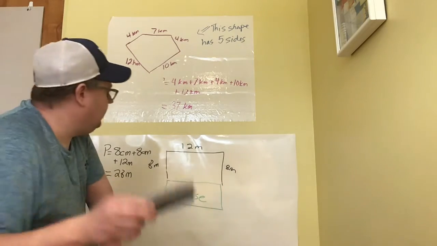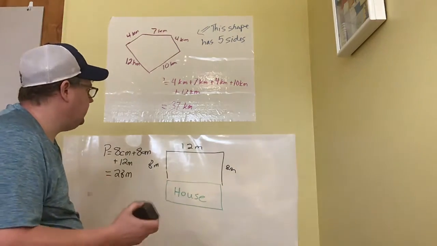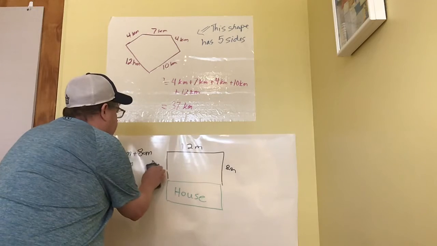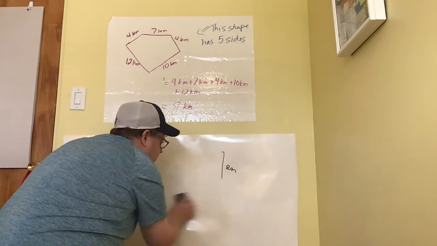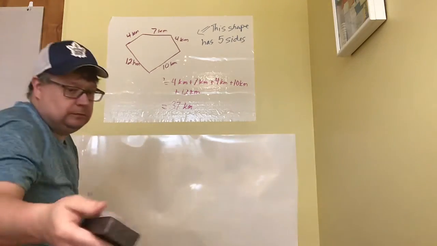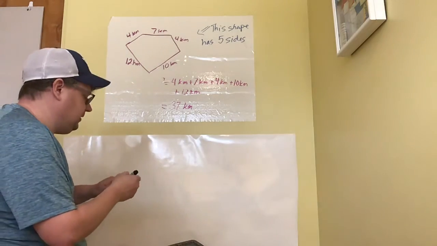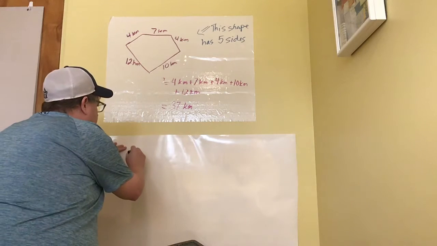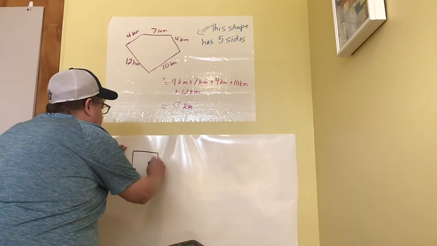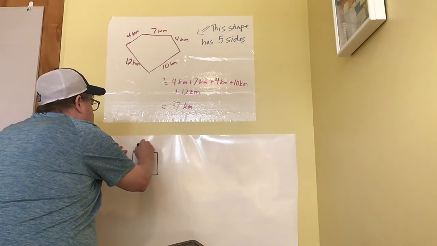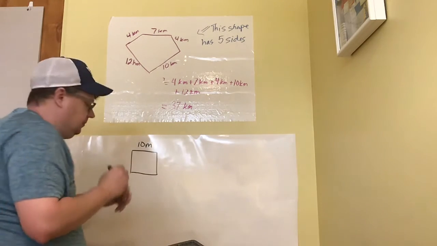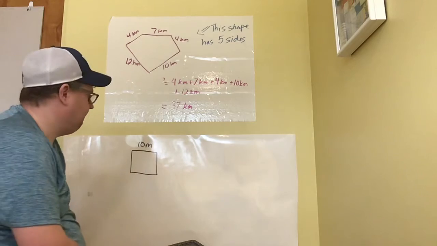Another thing we're going to rely on is thinking of shapes and what you know about shapes. Okay, so some math sheets try to trick you, and they will give you a shape like that, and they will put one measurement.